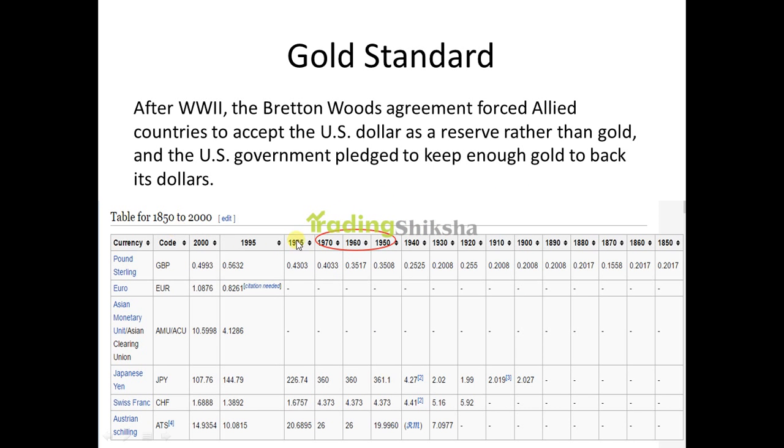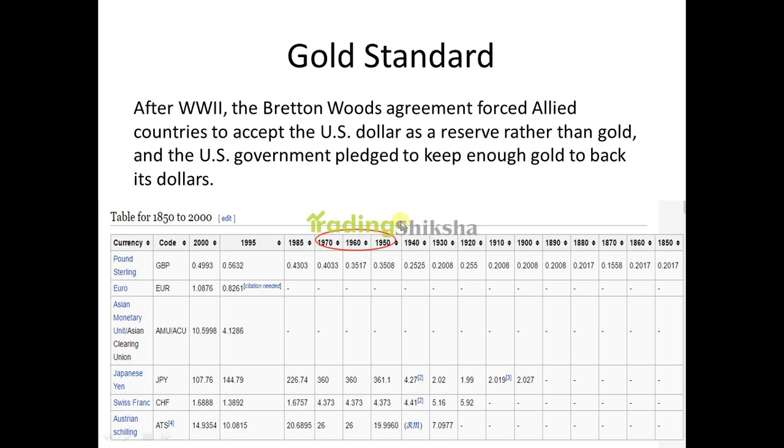You can see from this table that in the phase 1950 to 1970, due to this agreement, the exchange rate remained more or less constant or stable for all major currencies.